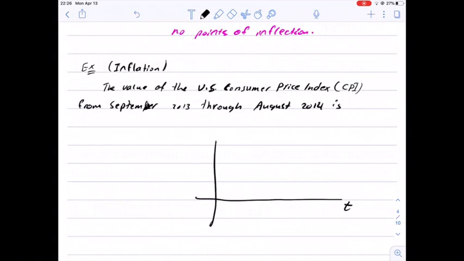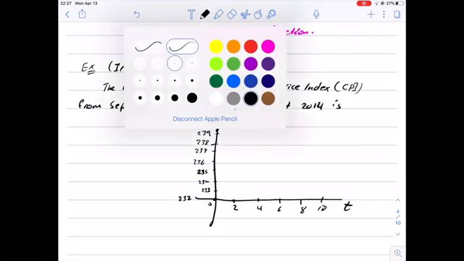So here on the x-axis, let's denote this as t, time, and the y-axis denoted as I of t, the inflation depending on time. And here we have 233, 234, 235, 236, 237, 238, and 239. And on the t-axis we have 0 here, and 2, 4, 6, 8, 10.